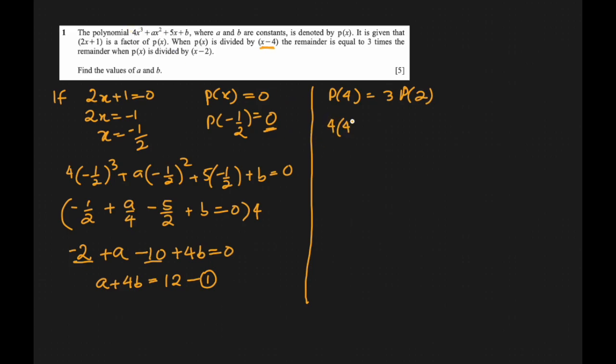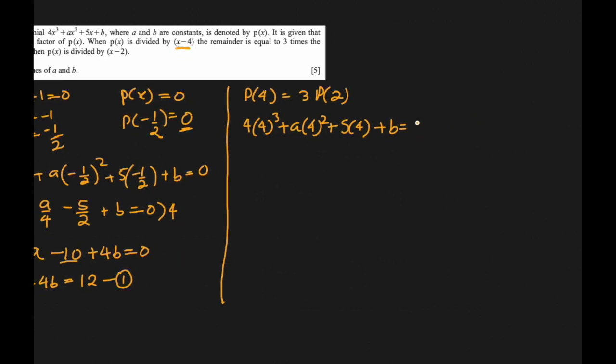So p(4), let's substitute here. 4 cubed plus a times 4 squared plus 5 times 4 plus b is equal to 3 times, and then we have 2 cubed plus a times 2 squared plus 5 times 2 plus b.